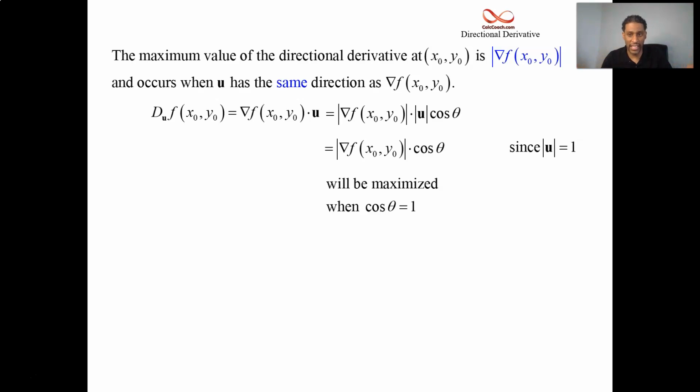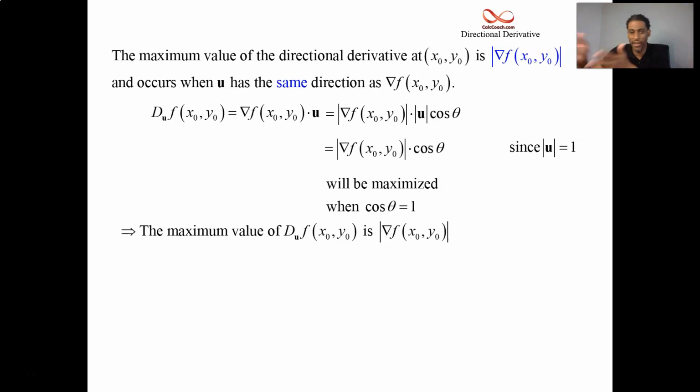And then if it is, look at the calculation now. Magnitude of u was 1, cosine theta was 1. So the calculation says that the maximum value of the directional derivative is the magnitude of the gradient. There were 3 parts to that product, and 2 of those parts were both 1s in order to maximize the directional derivative.